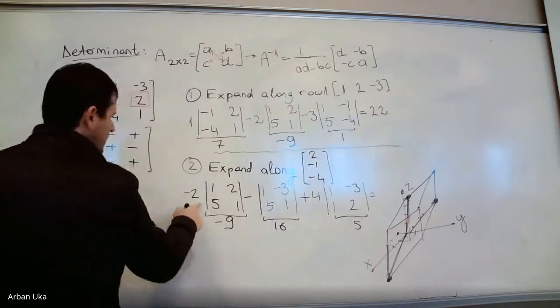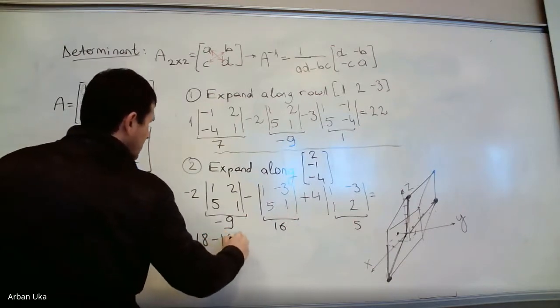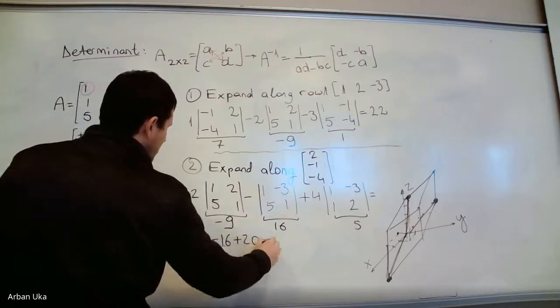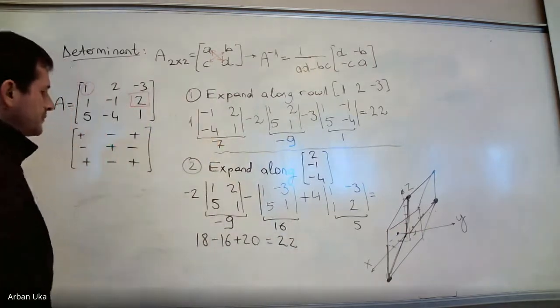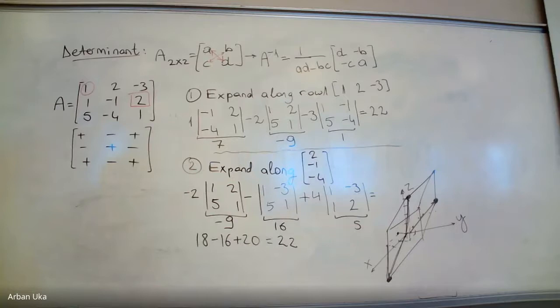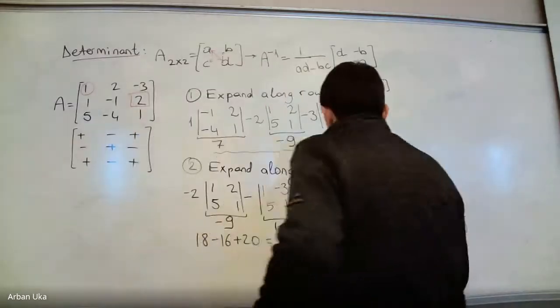So then here we have 18 minus 16 plus 20. So we get here 22. Okay, we got the same determinant.